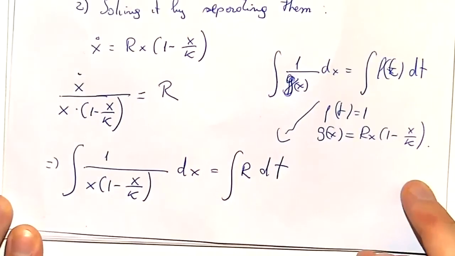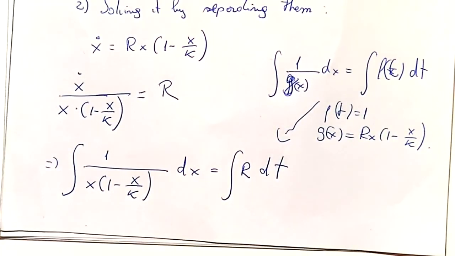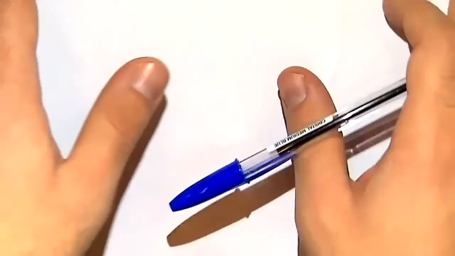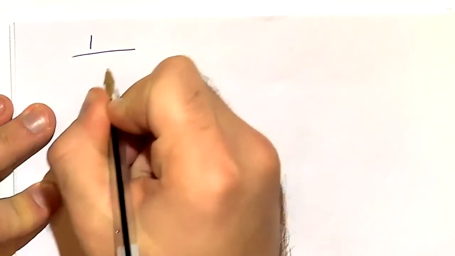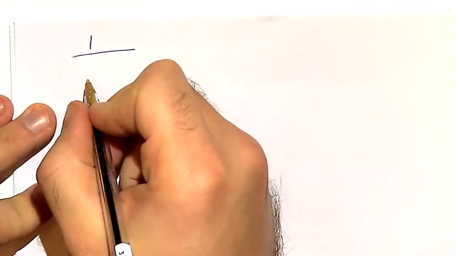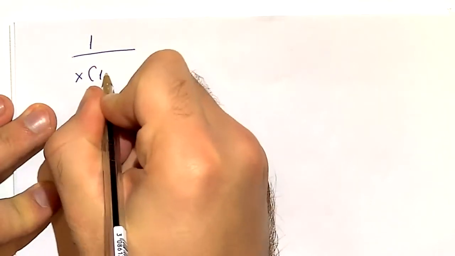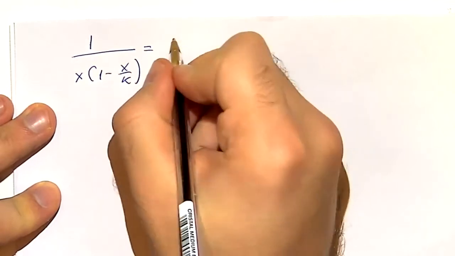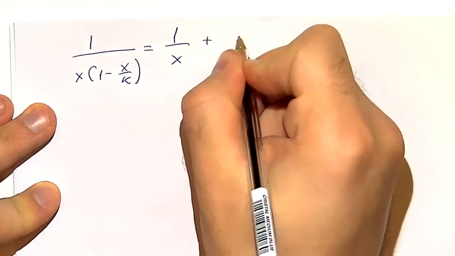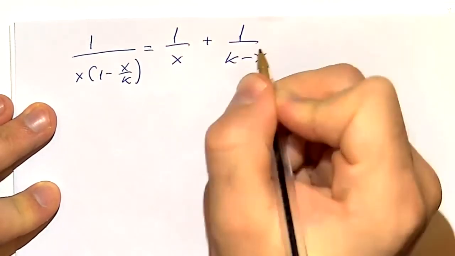So I got this equation over here, and I need to solve it. I'm going to use the hint, just like you should in the exams, but I'm going to give you another discussion about this. The hint is that 1 over x(1 - x/k) is equal to 1 over x plus 1 over (k - x).